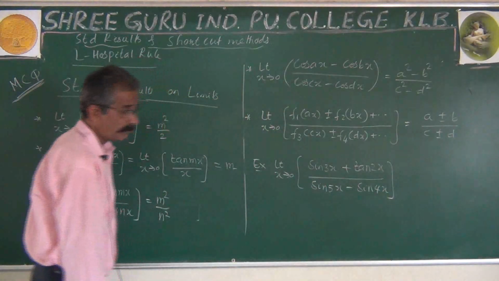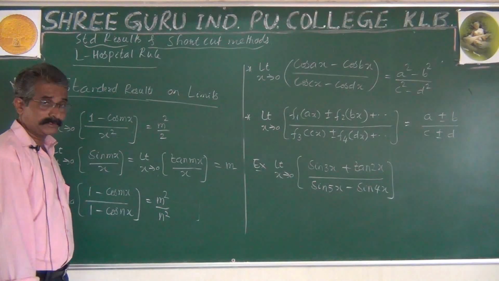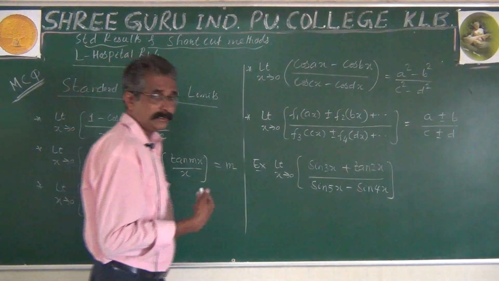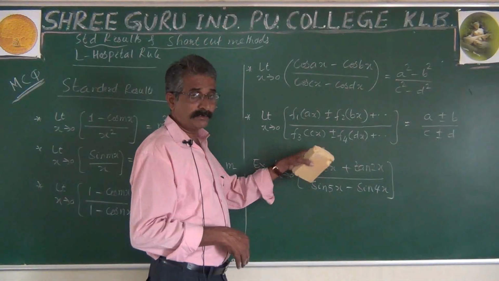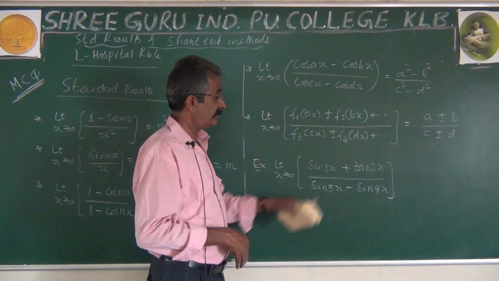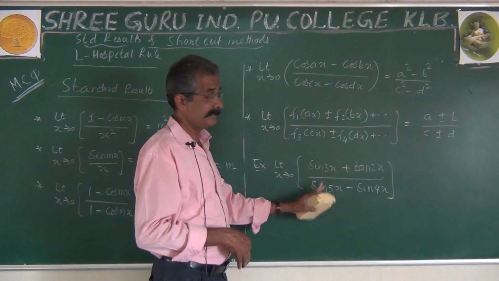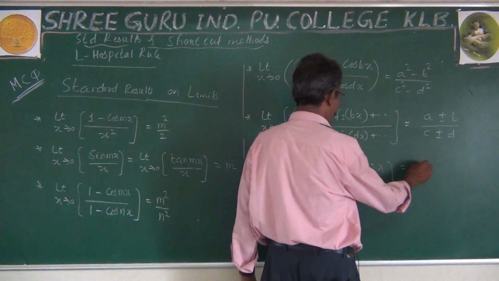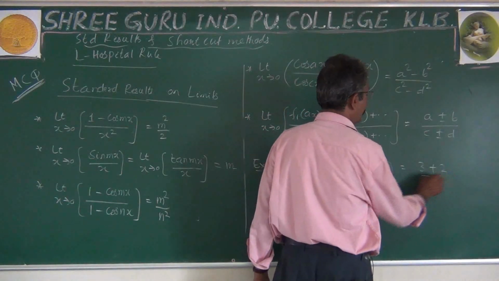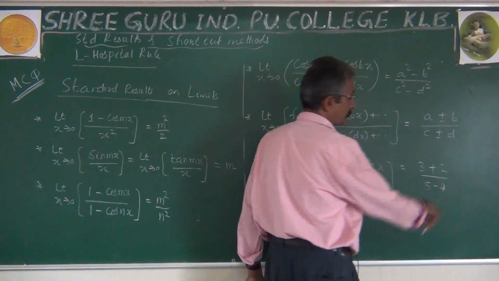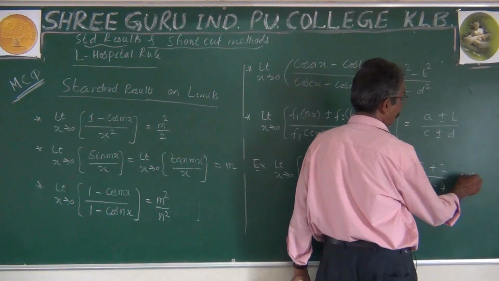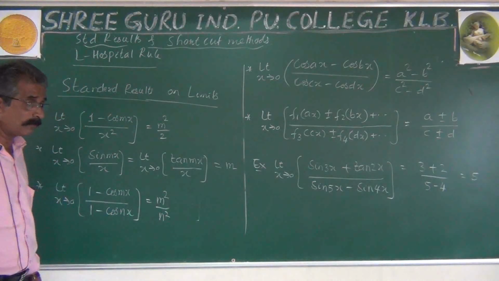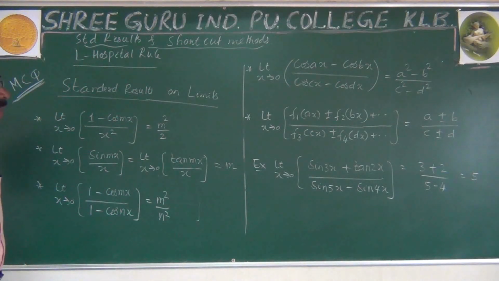If this were the problem in an MCQ exam, not in a theoretical exam, because in a theory exam you have to divide numerator and denominator by x. Here 3, here 2, here 5, here 4 is the coefficient. Hence the answer is 3 plus 2 divided by 5 minus 4. 3 plus 2 is 5, 5 minus 4 is 1, 5 by 1 is 5.